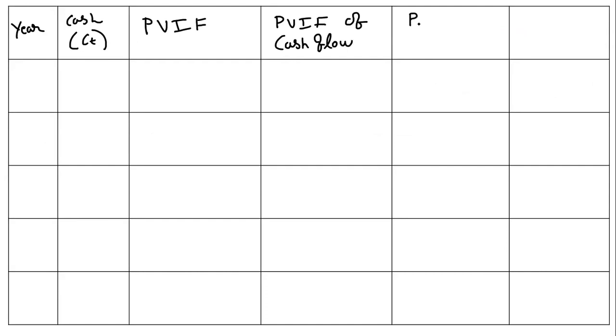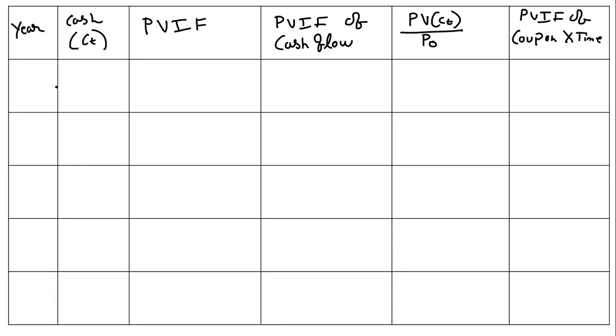Then we have PV of C_t divided by P naught. Then we will go for the PVIF of coupon that we calculated, the coupon interest rate, into time.